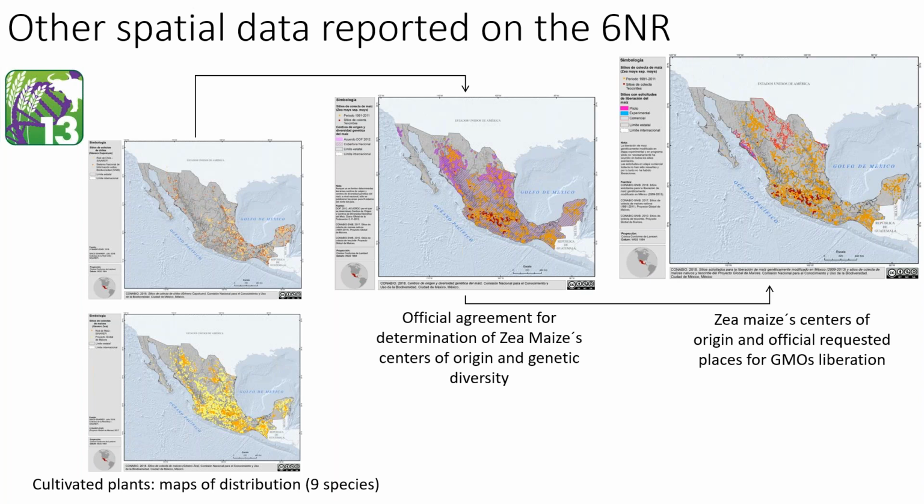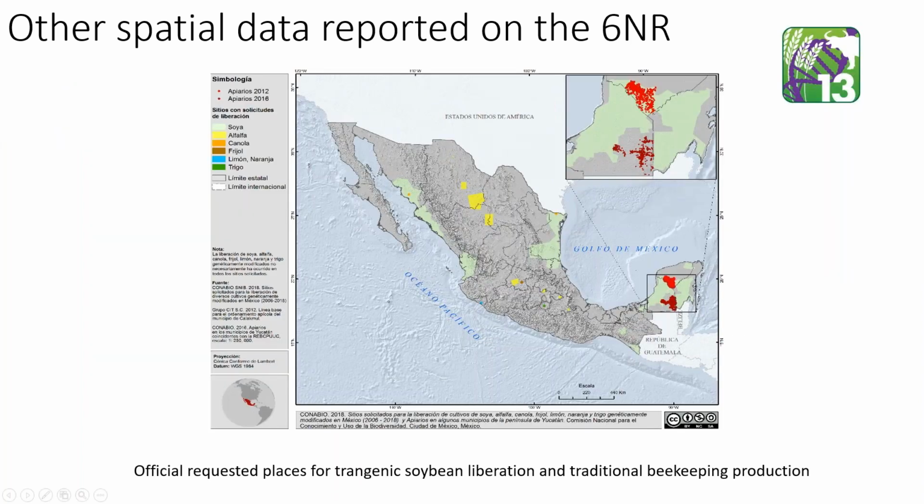This official agreement or official standard is used to review the officially requested places for GMO liberation. Next slide, please. This is another example, also for Aichi Target 13, and we are watching a map with the official requested places for transgenic soybean liberation, and this map is showing also the traditional beekeeping production places.